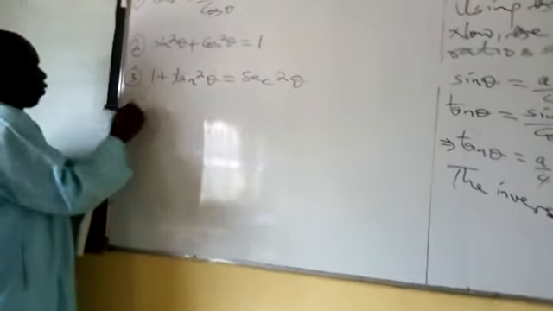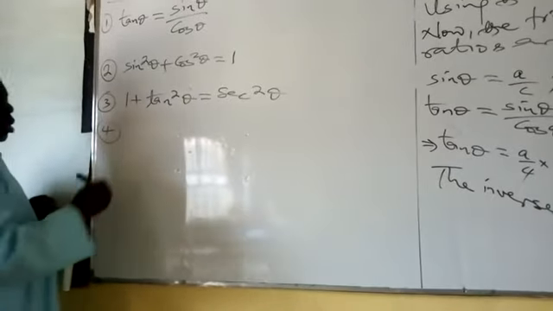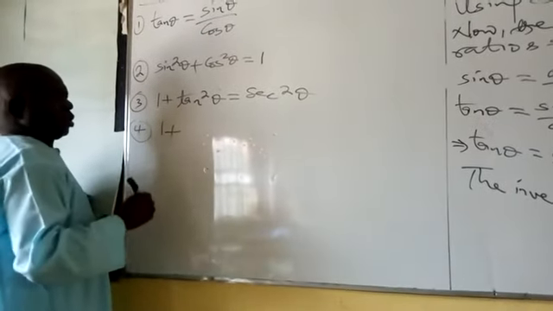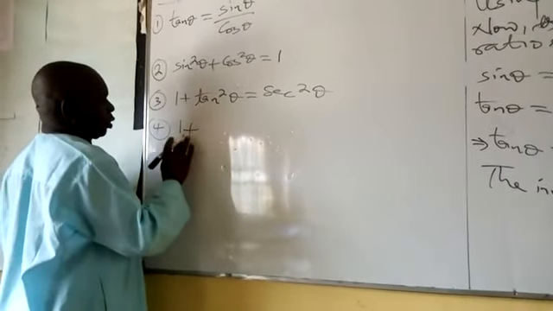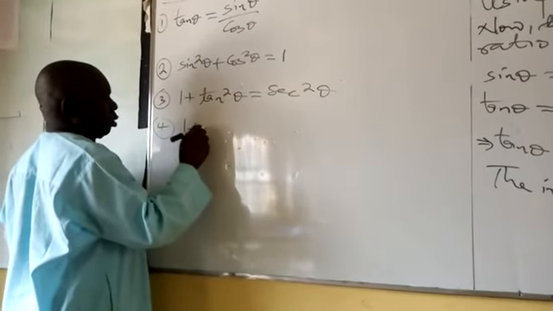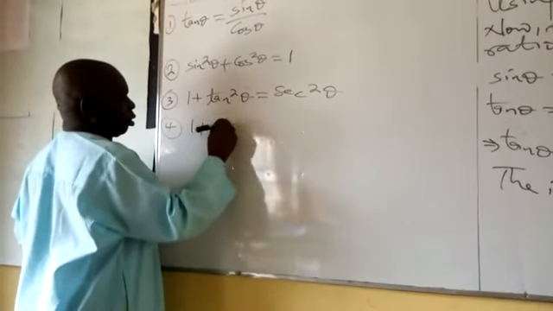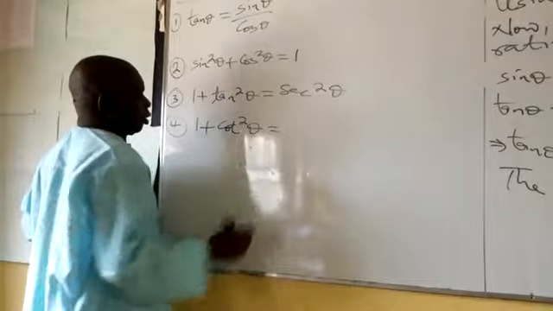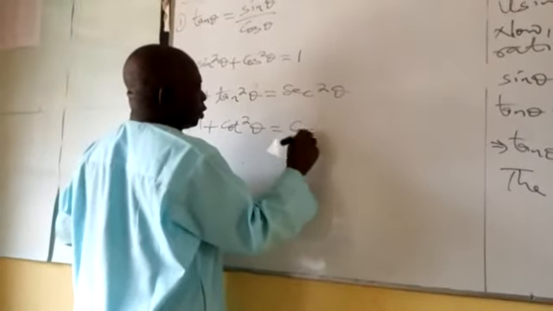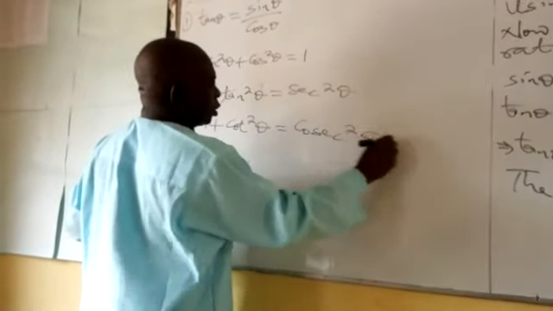Then 4: we have 1 plus cot square theta is equals to cosec square theta.